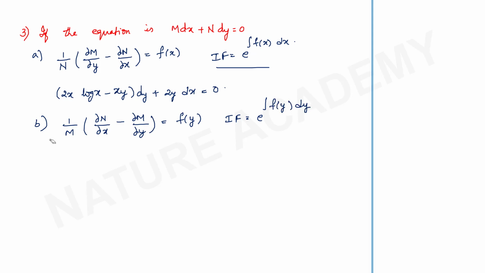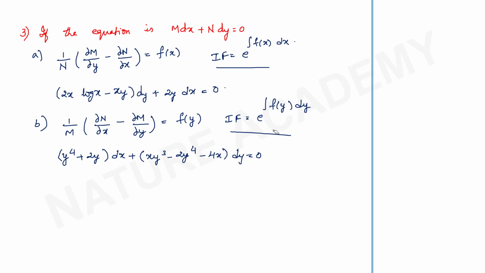For example, you can have this type of equation: (y raised to 4 plus 2y) dx plus (xy cube minus 2y raised to 4 minus 4x) dy is equal to 0. In this case, you have to take this integrating factor.